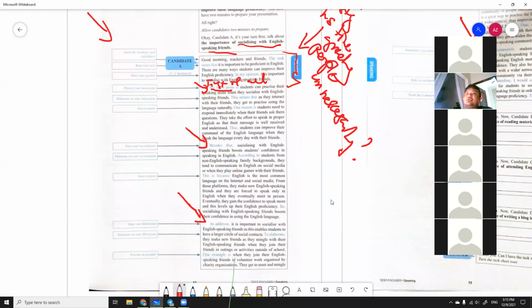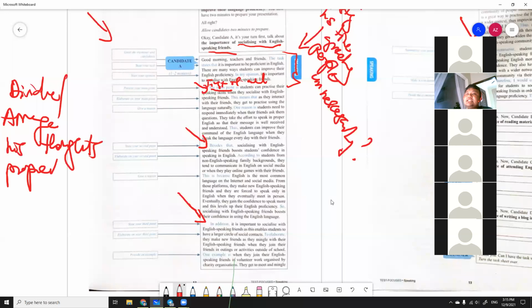He really knows how to divide or arrange his thoughts properly. That's why I teach you, if possible, use 6 elements of constructing a paragraph. I've always been telling you to memorize it.